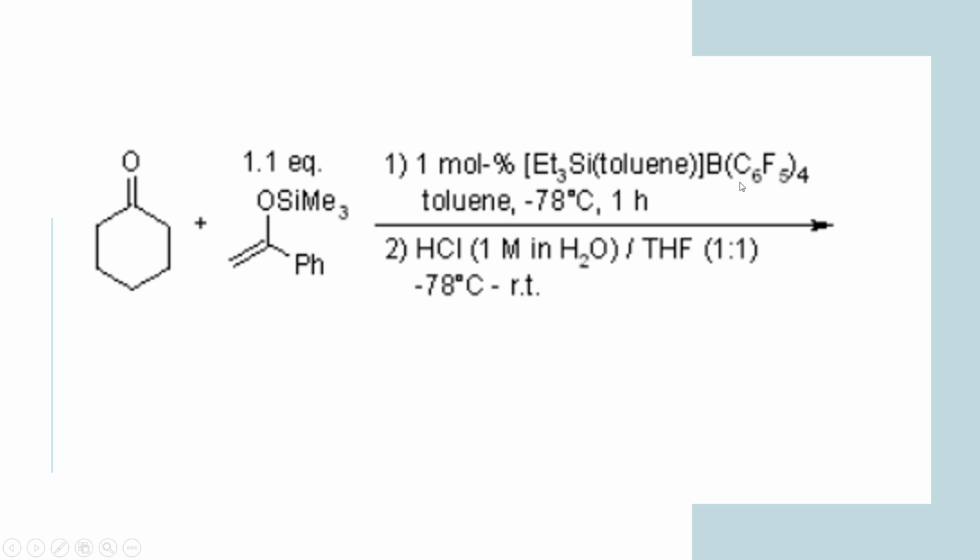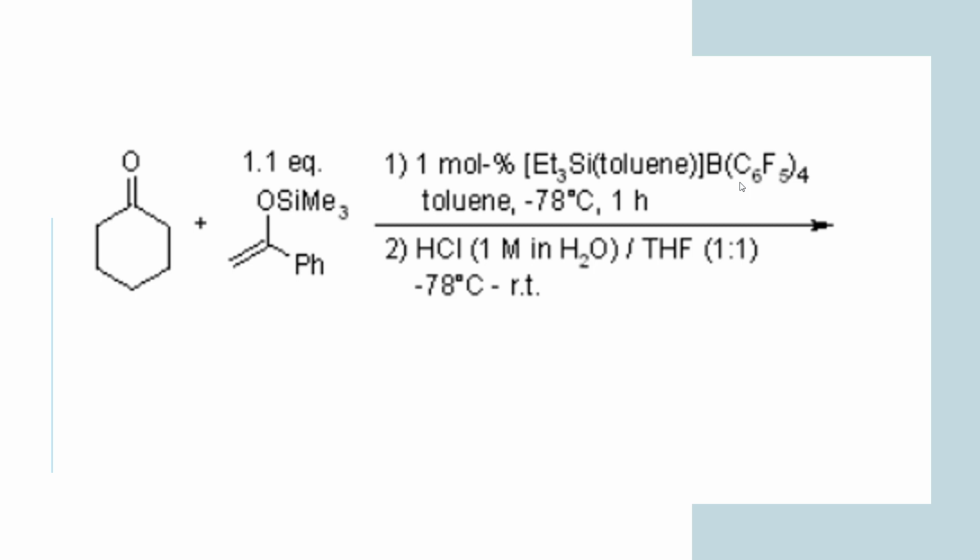Okay, so about the basic reactivity of the reaction, we are simply treating a ketone with silyl enol ether in presence of Lewis acid. So what reaction requires this condition that we have studied in the video lecture?